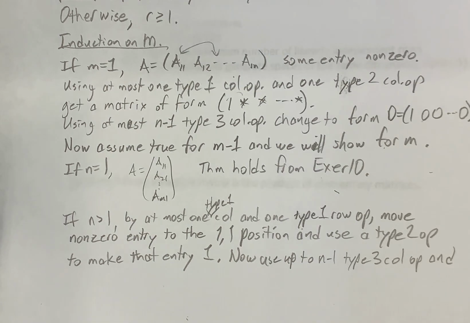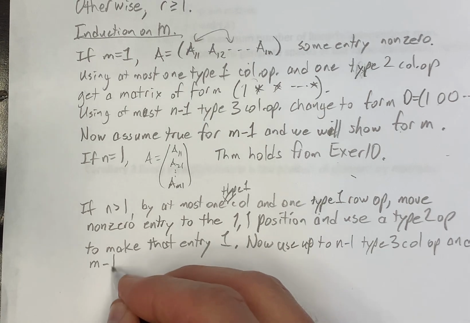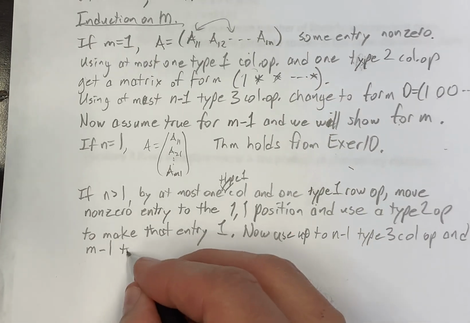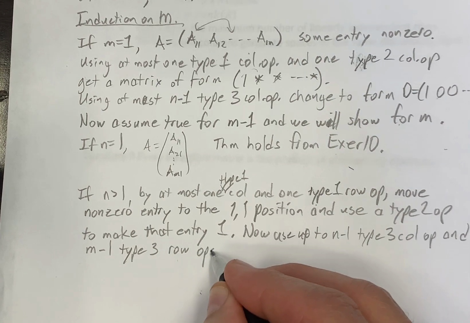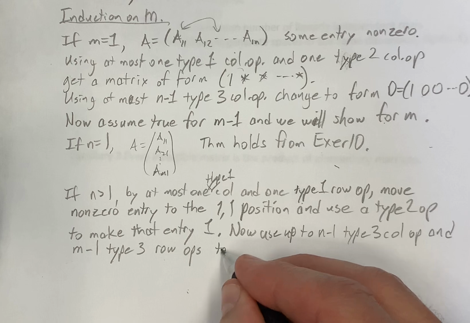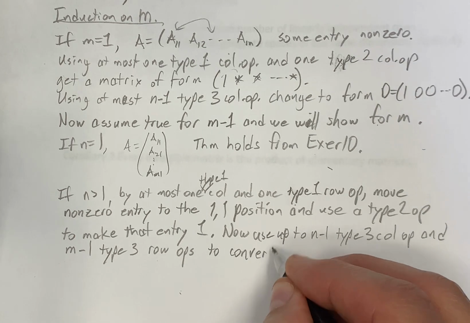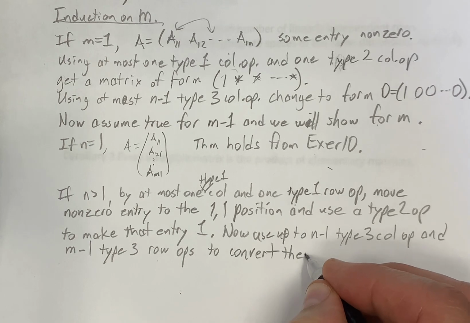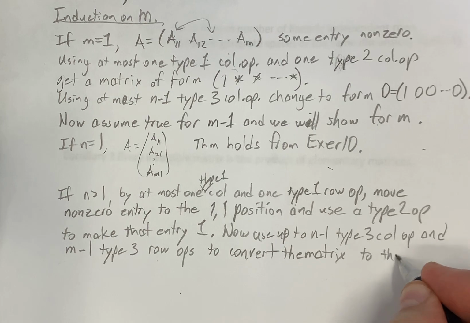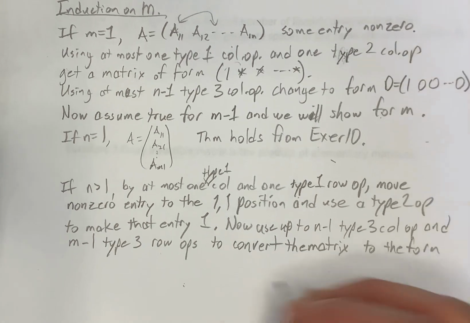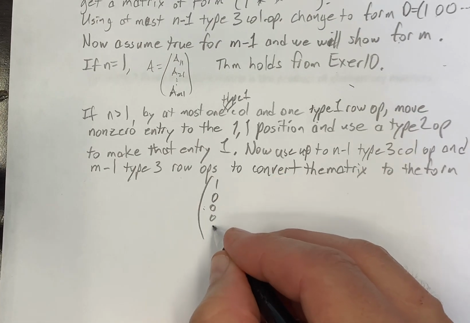And you can do the same thing with up to m minus 1 type 3 row operations to convert the matrix to the form 1, 0, 0, 0, and so on.